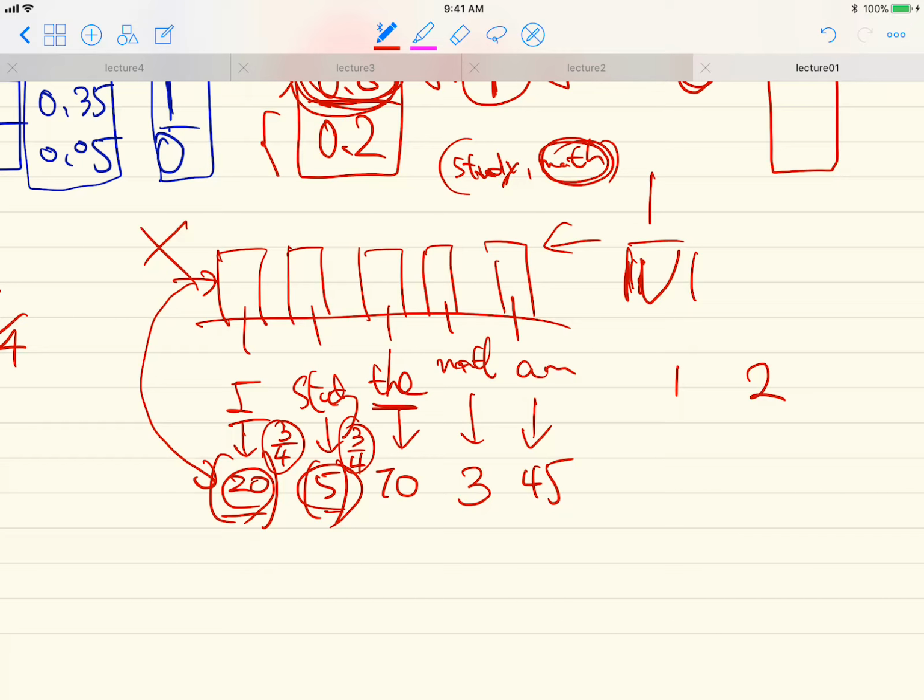Suppose we consider these two numbers, 1 and 2. The heights are 1 and 2, and if it is to the power of 3, then the height difference between these two bars will be more exaggerated, right?